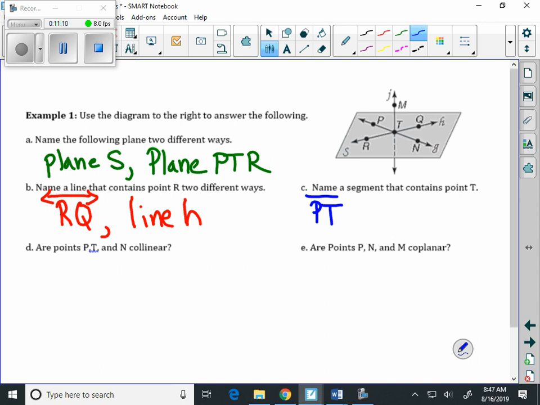Because remember, segment has endpoints. It stops. A line doesn't stop. I'm going to put a different one on here. Name a segment that contains point N, or point T. What if we used PN? T's in there.